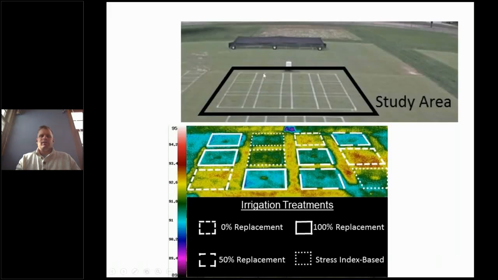So here's a plot area, the visual picture. You can see there's no real differences here in color from what our eyes can tell us, but the camera system is starting to see that the plots that had 0 water replacement are getting warmer compared to the ones that had 100% replacement. We also had plots here with these fine dots, 1, 2, and 3, in which we only watered when the camera system guessed that we are getting close to being dry, and we replaced water.